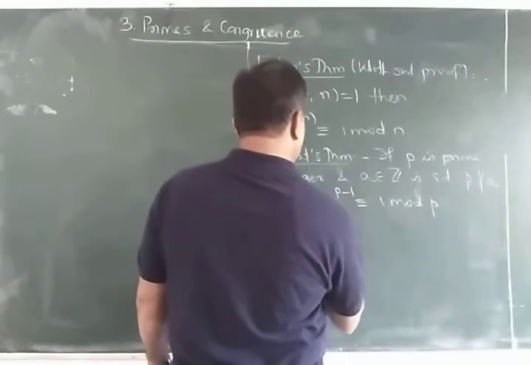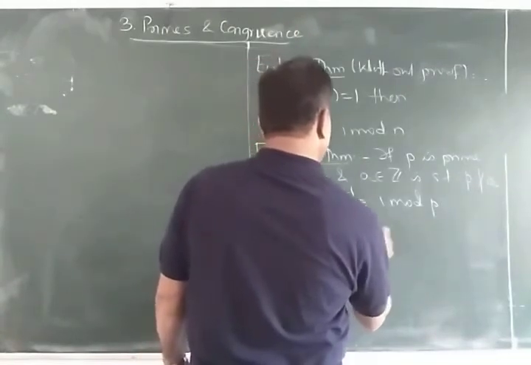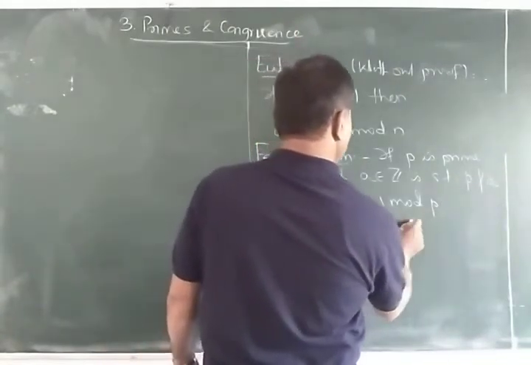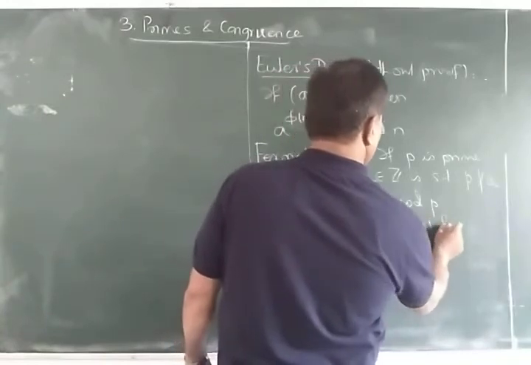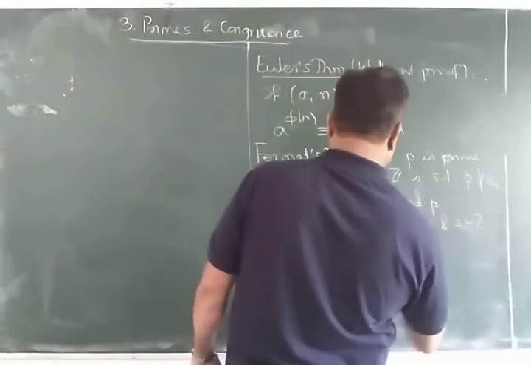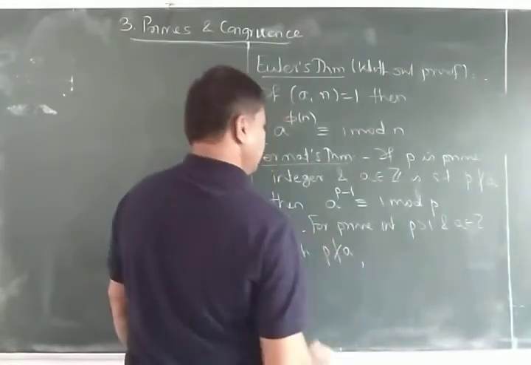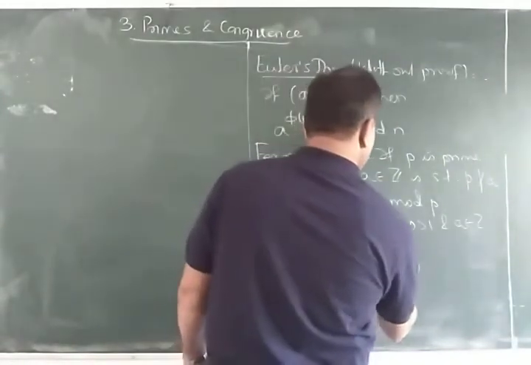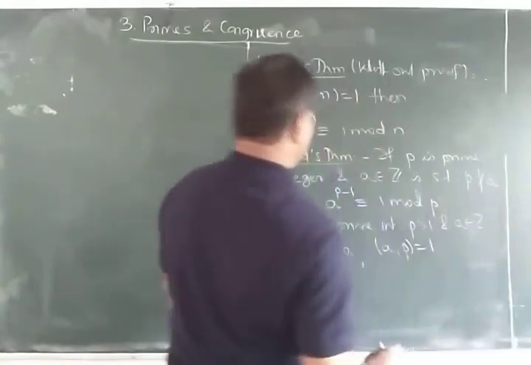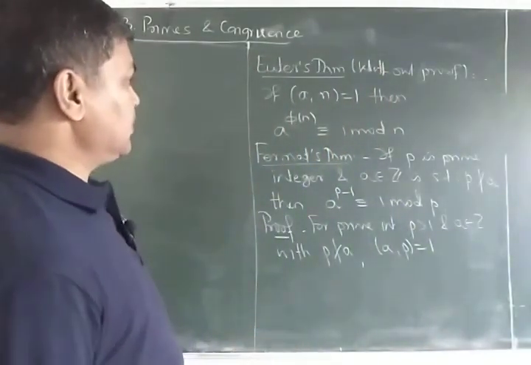So for a prime integer p greater than 1 and a belongs to Z with p not dividing a, GCD of a with p is equal to 1.